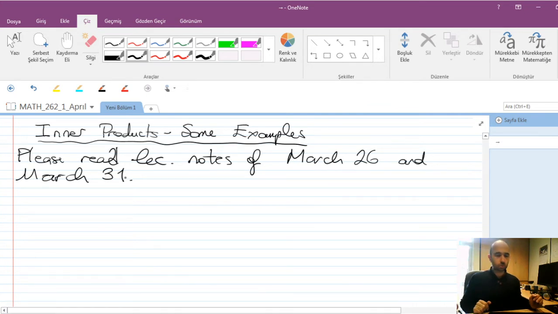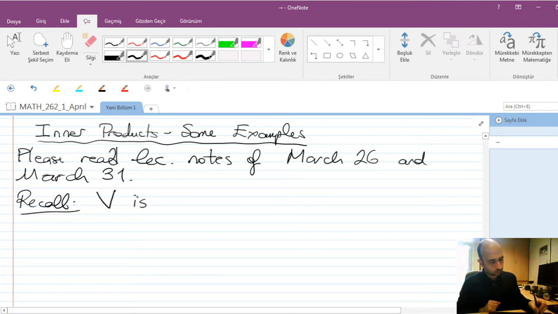Okay, so let me recall the definition of an inner product. So throughout, V is going to be a real vector space, finite or infinite dimensional, we don't know that.